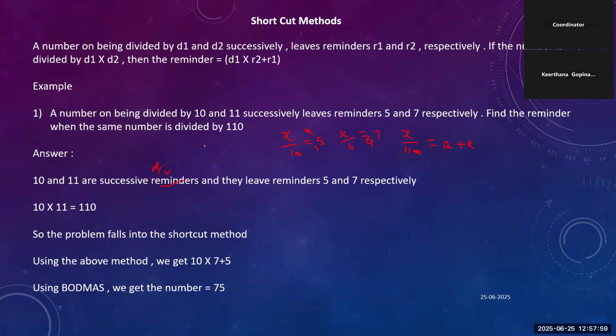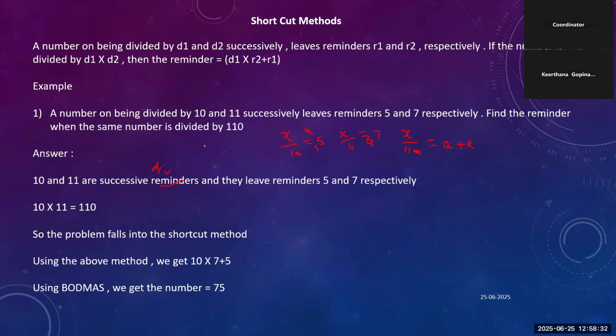When a number is divided by two successive numbers and the remainders are R1 and R2, then if the same number is divided by D1 into D2, so 10 into 11, that is 110, the remainder will be D1 into R2 plus R1.